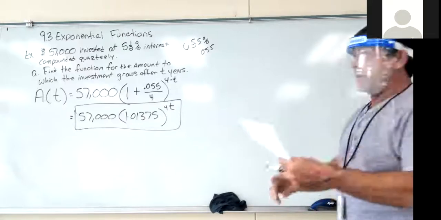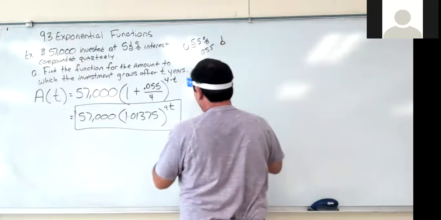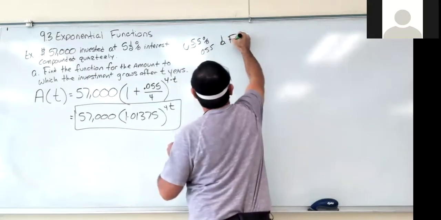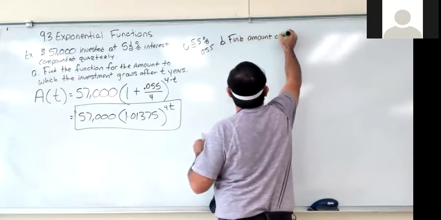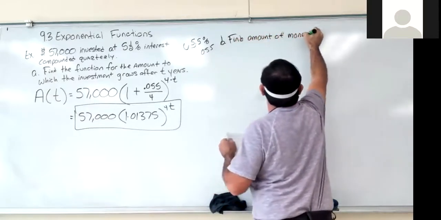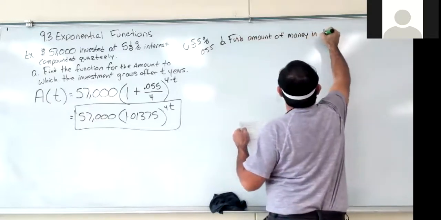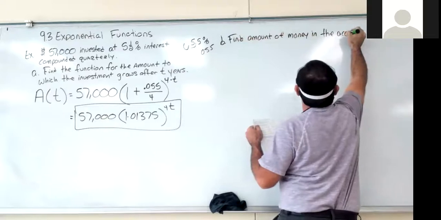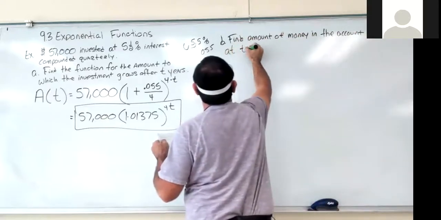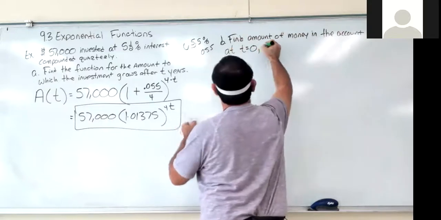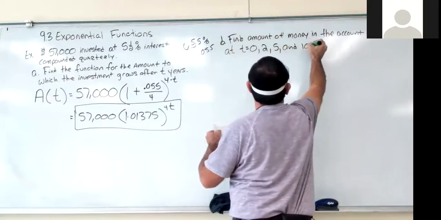All right, part B. Part B says, find the amount of money in the account at t equals 0, 2, 5, and 10 years.